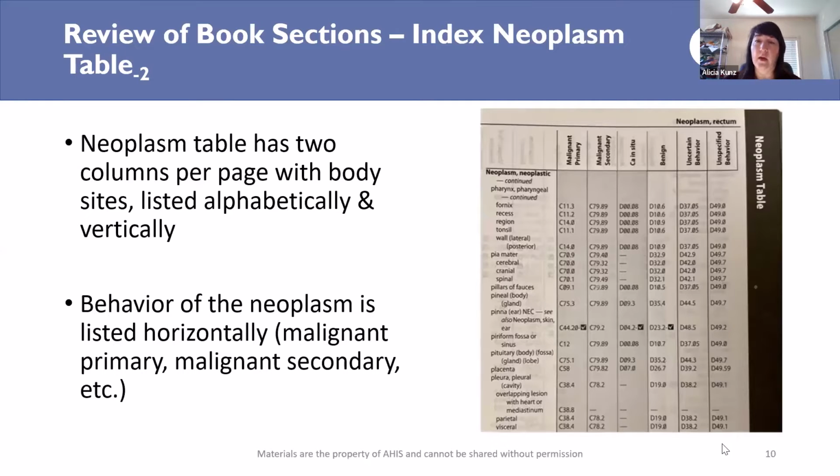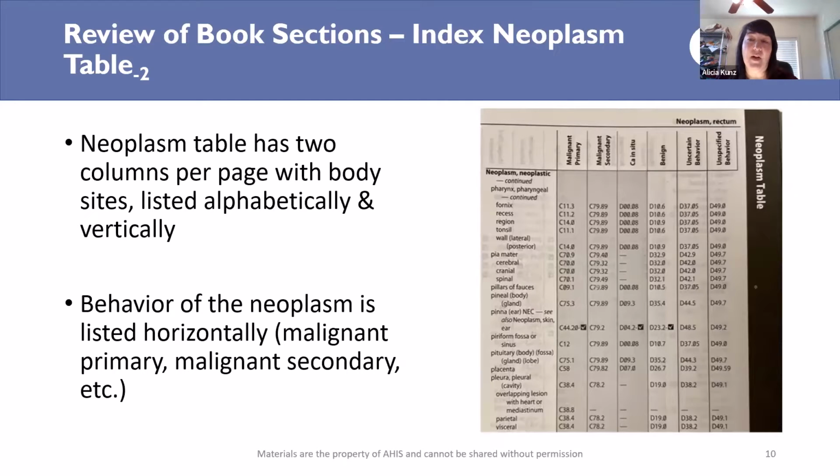You can see going vertically down the page, you've got pharynx, and then portions of the pharynx, fornix, recess, etc., pia mater. And then across the top, you'll see malignant primary, malignant secondary, cancer in situ, benign, neoplasm of uncertain behavior, or neoplasm of unspecified behavior.